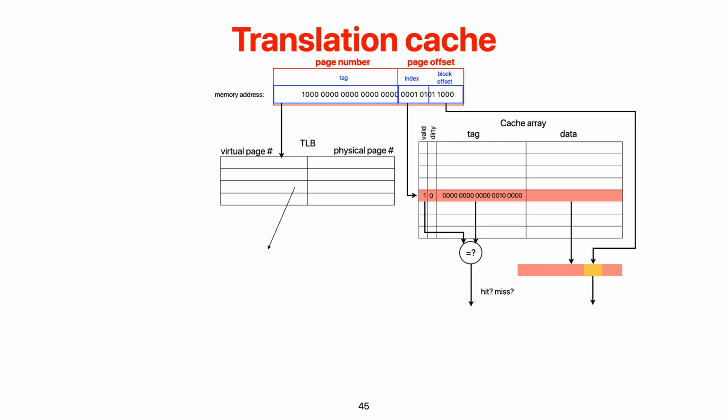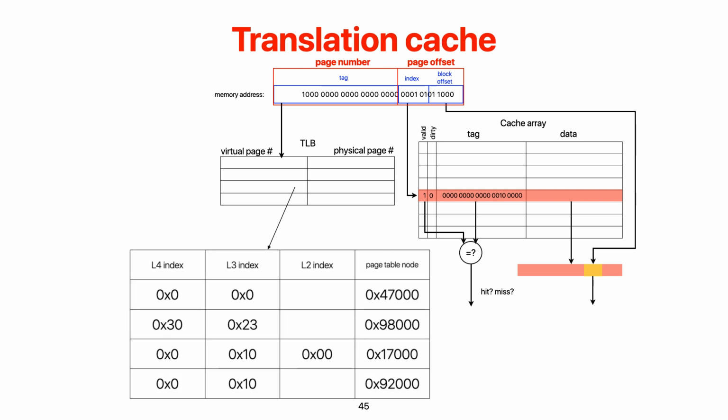Another kind of data structure is called translation cache. This is used by Intel. The translation cache is a different structure in which the entries correspond to the virtual address prefix. Remember, in x86-64, we have multiple levels of index.